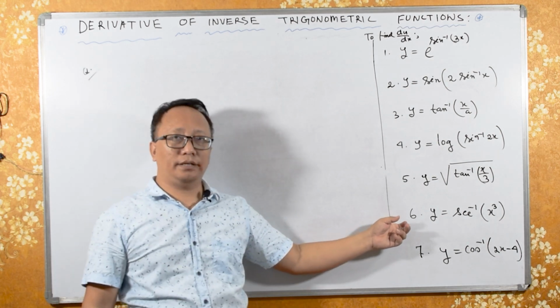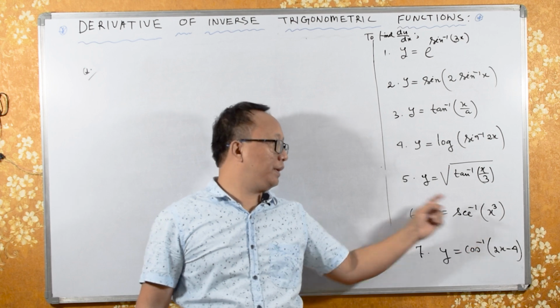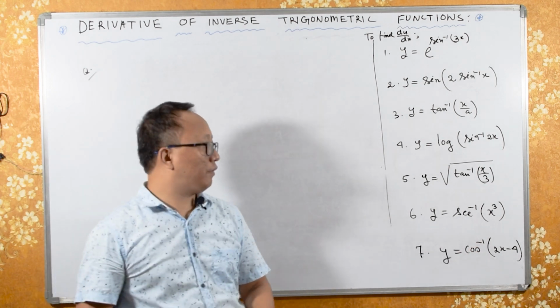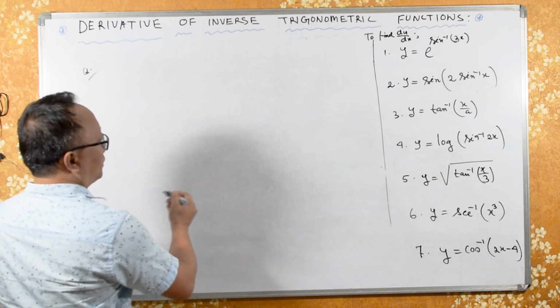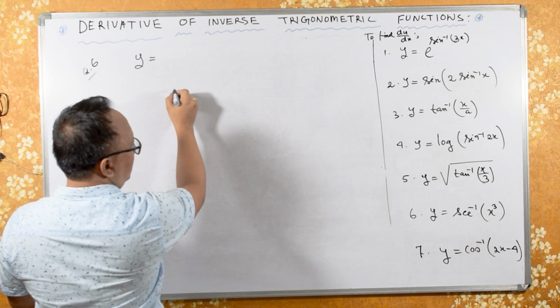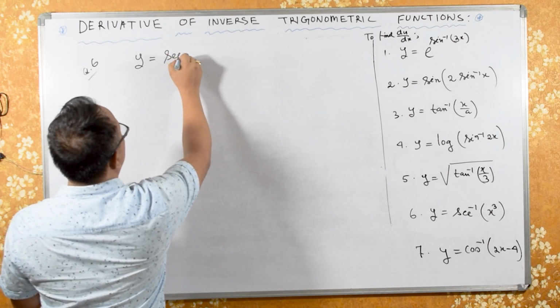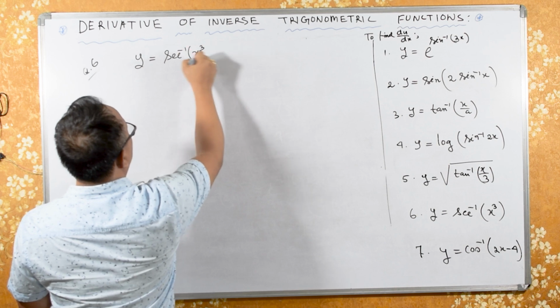Now 6. Okay. 6 is y equals to sec inverse x cube. So you have to apply the formula for sec inverse x. Okay, y equals sec inverse x cube.